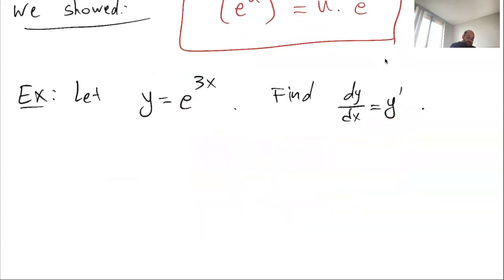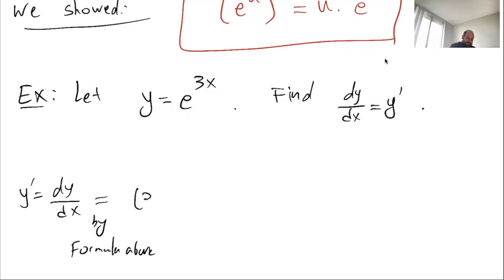According to the chain rule, by the formula above, we can write this as the derivative of 3x times e to the power 3x.